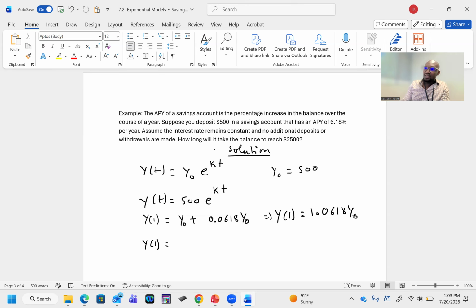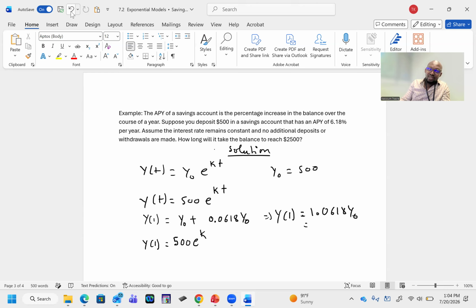So y1, solving this for k, will be 500 e to the power of k, right? Because my y1 value we already know is 1.0618 times y0. Does that make sense to you?